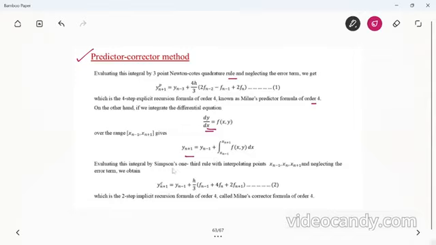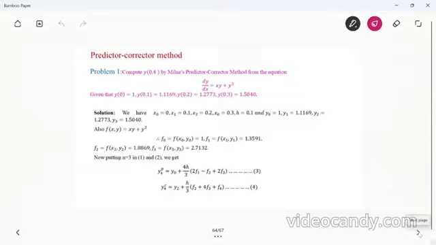Evaluating this integral by Simpson's one-third rule with interpolating points x(n-1), x(n), x(n+1) and neglecting the error term, we obtain y(n+1)c, the corrector formula, equal to y(n-1) + h/3 [f(n-1) + 4f(n) + f(n+1)], which is the implicit recursion formula of order 4, called Milne's corrector formula of order 4.